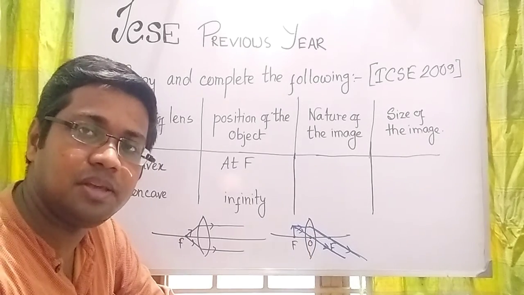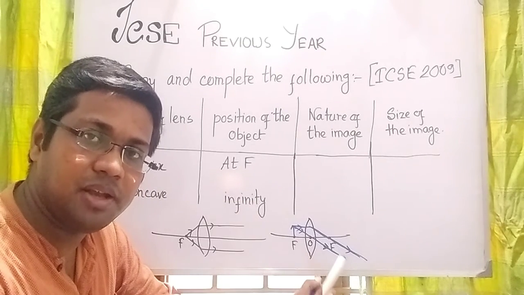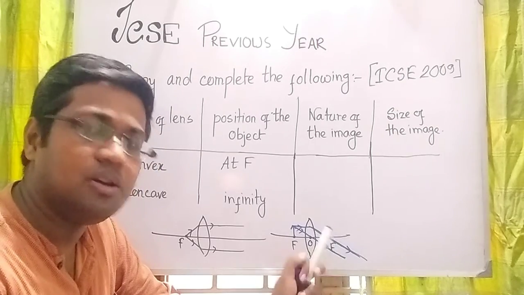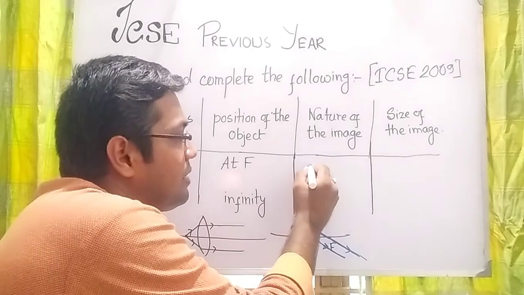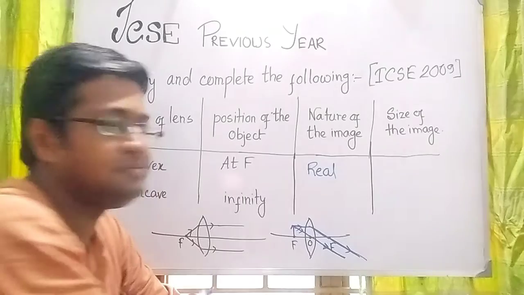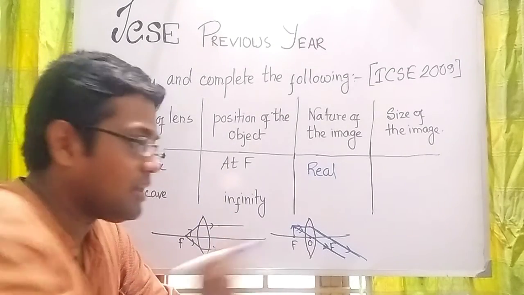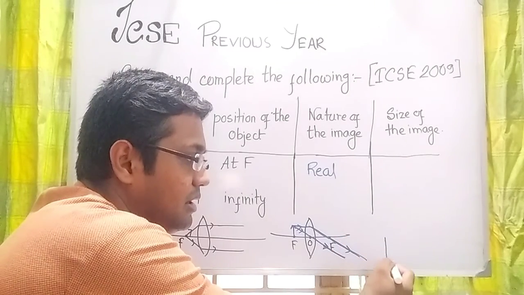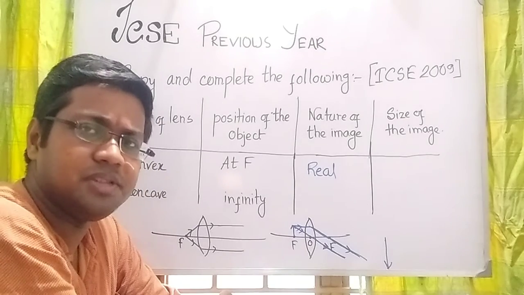What is the nature of the image? Since they are converging rays, they will meet each other. Since they will meet each other, the nature of the image that we have obtained here is real. Size of the image. If a real image is found at infinity, it is of larger size than that of the object.